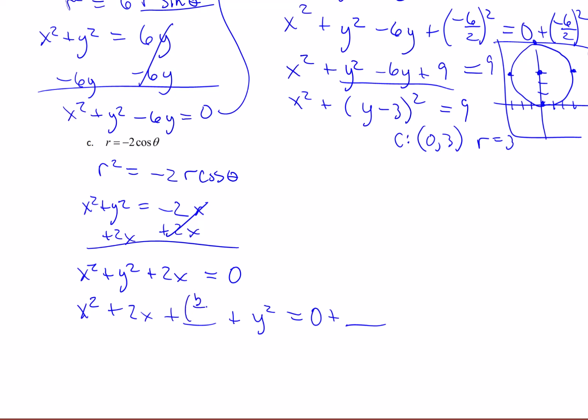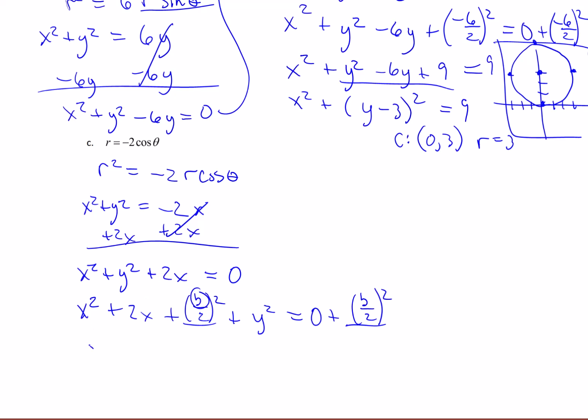Well, it's b over 2 squared. Just like last time, this is the standard term we're going to add when completing the square, as seen in algebra. So b is actually the coefficient of the x term in this case, that's just a positive 2.